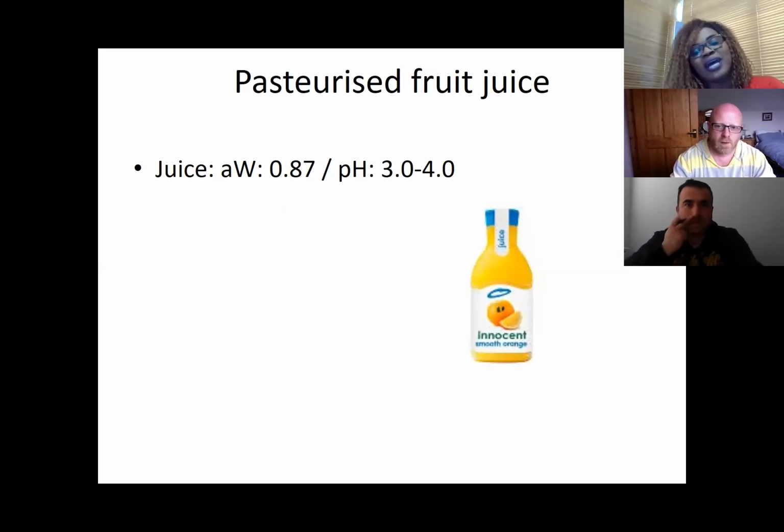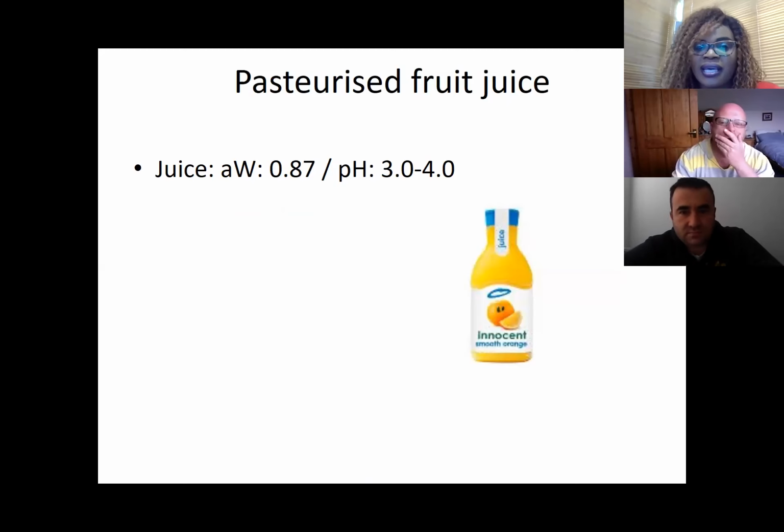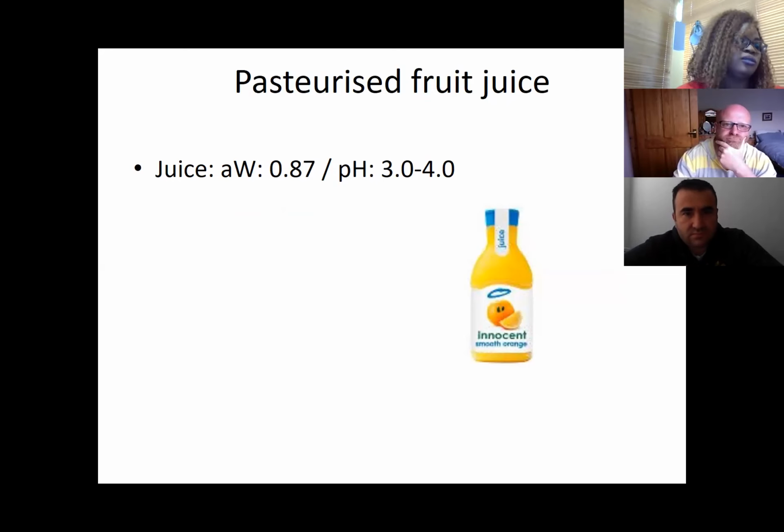Now, pasteurized fruit juice. The water activity is 0.87, pH is 3 to 4. What pathogen could be in this pasteurized juice? E. coli. No, when you hear the word pasteurized, what do you expect? You don't expect any pathogen to be present.